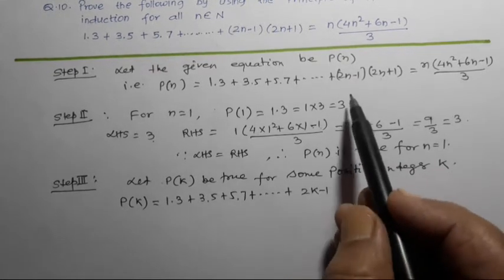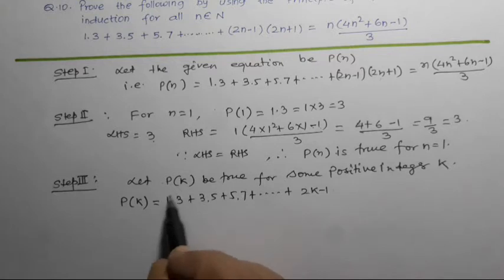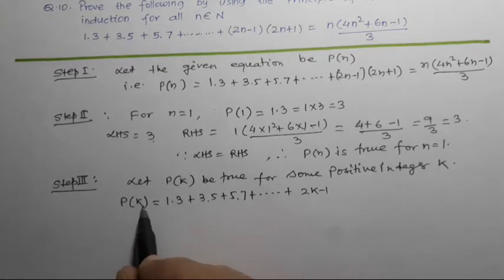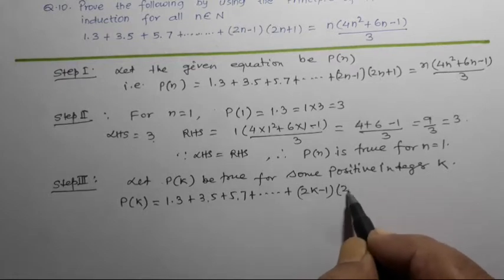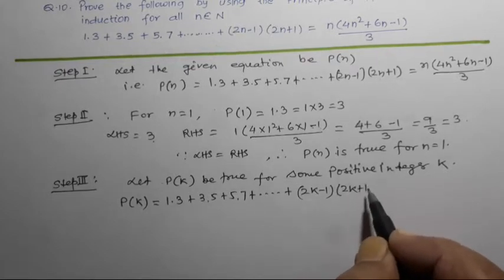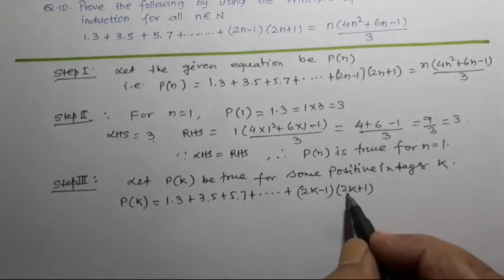because at the place of n we are writing k, because number of integer is k, into 2k plus 1. 2n plus 1 we are writing 2k plus 1.